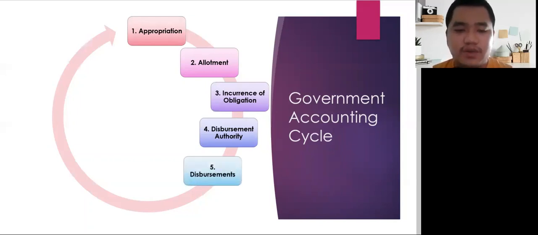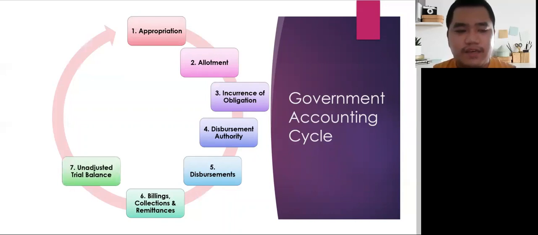And then the actual disbursements, followed by number 6, although it goes simultaneously with the incurrence of obligation: billings, collections, and remittances. This stage is for the receipt of revenue and other receipts by the government agency.